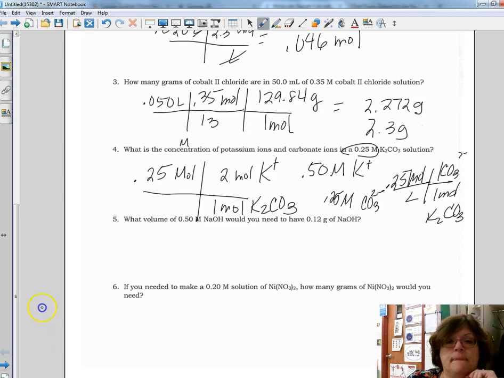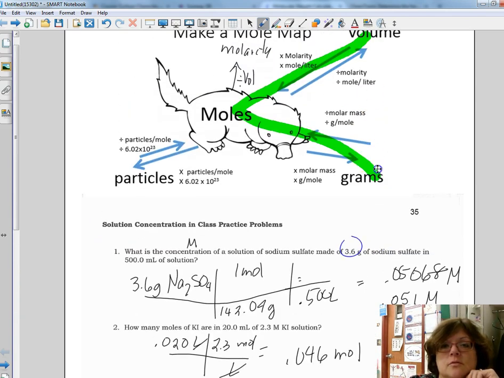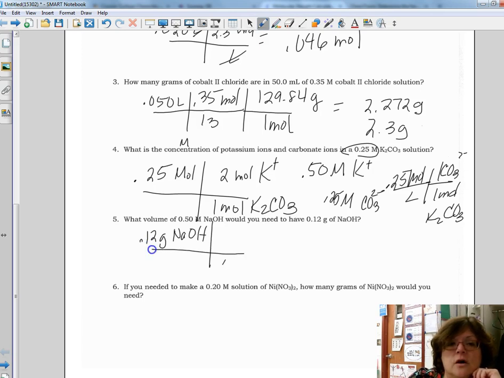Number 5, we're solving for volume, starting with grams. So we're going to change grams to moles, moles to volume by dividing by molarity. 0.12 grams, molar mass of sodium hydroxide is 44.